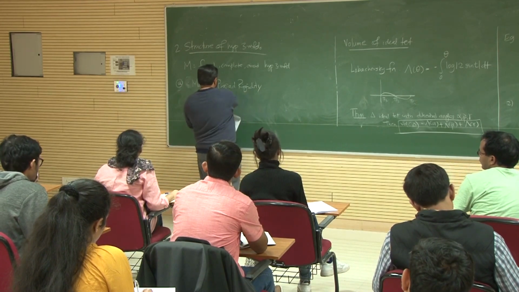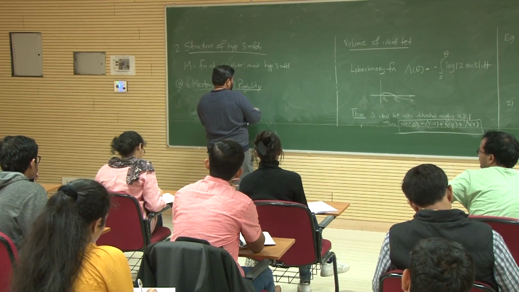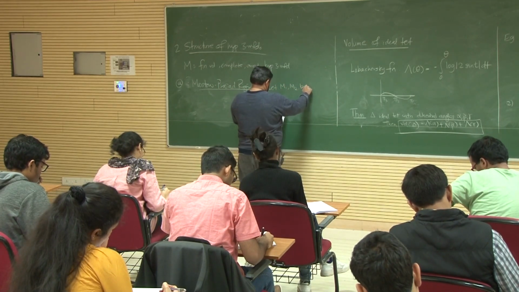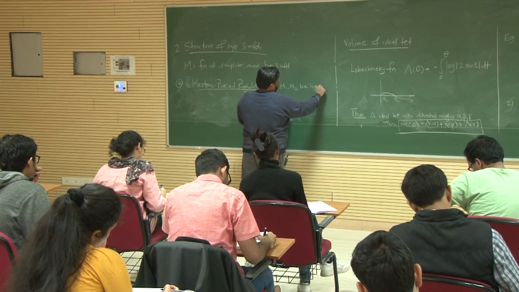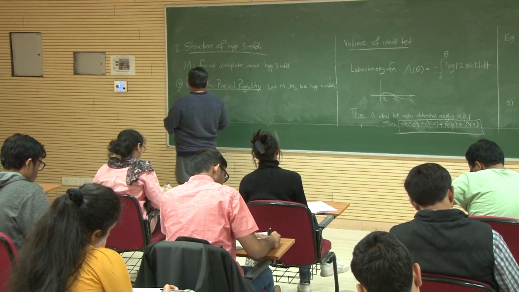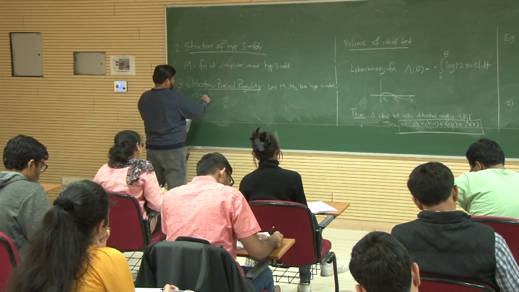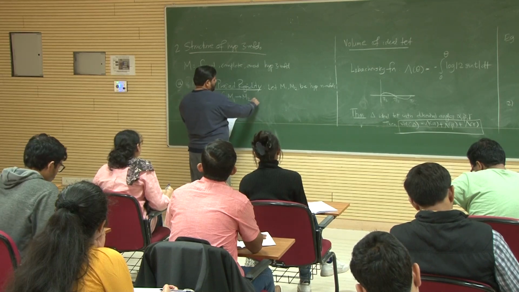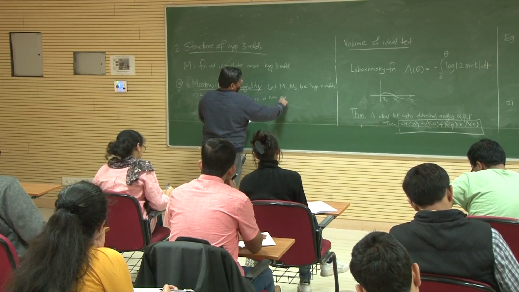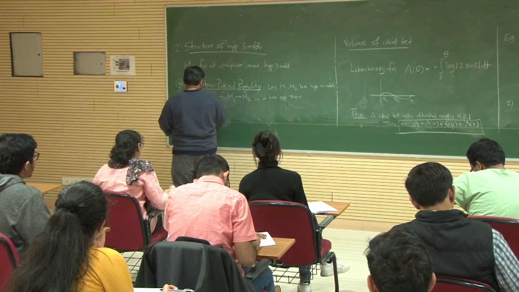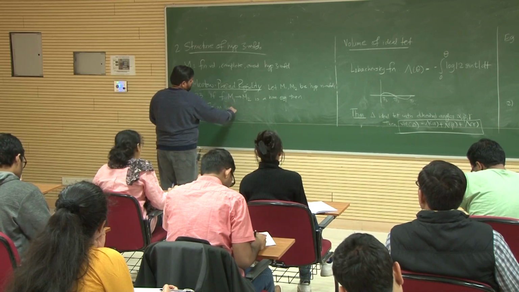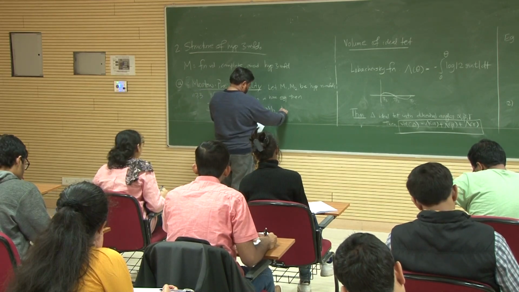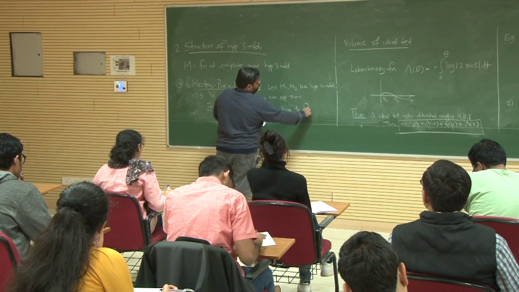So what the rigidity theorem says is that if you have two hyperbolic n-manifolds, for n greater than or equal to 3, and if f from M1 to M2 is a homotopy equivalence, then there exists an isometry h from M1 to M2 homotopic to f.